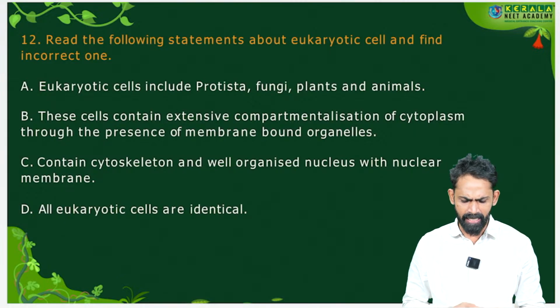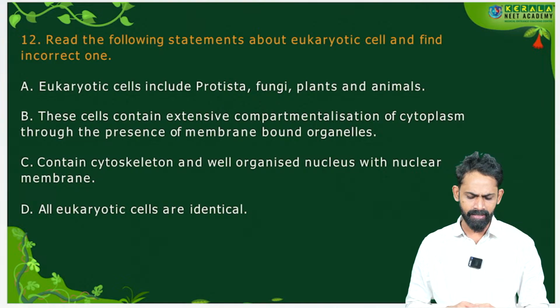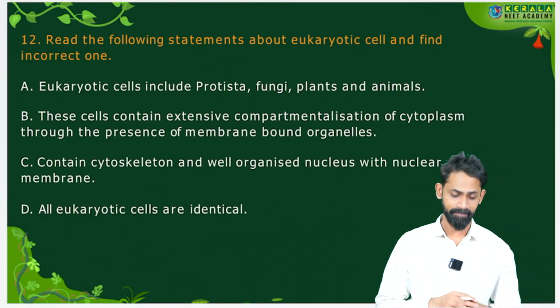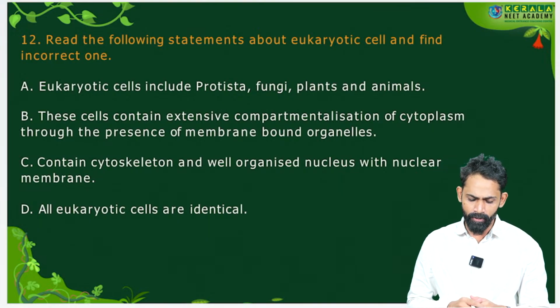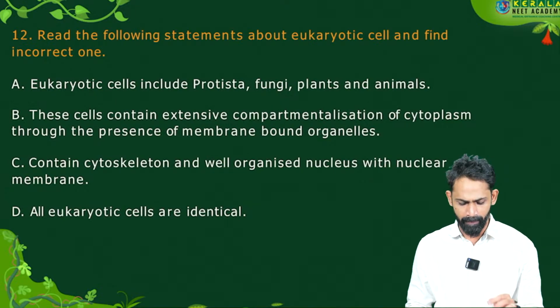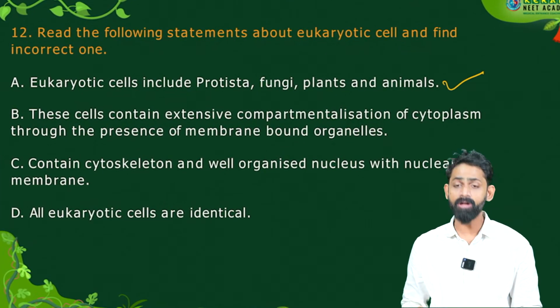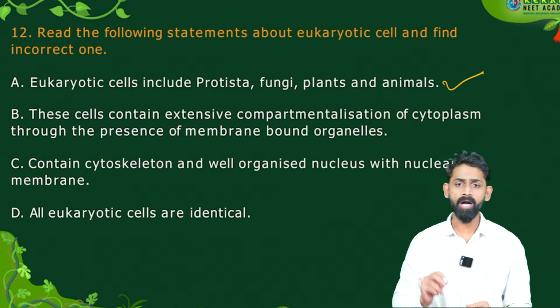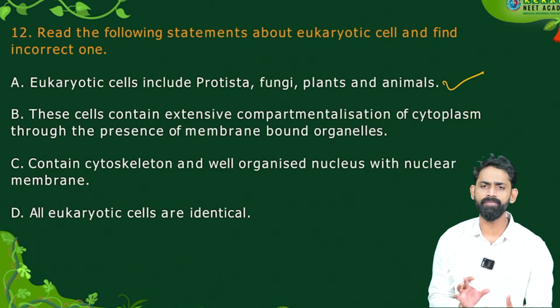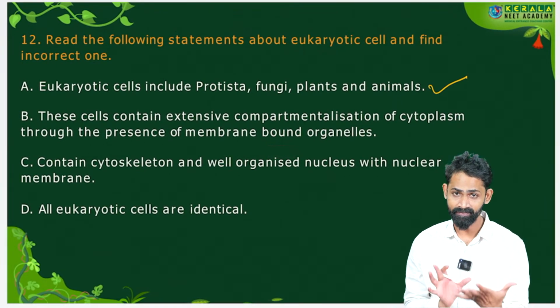The next one is related to this: read the following statements about the eukaryotic cell and find the incorrect one. Okay. Eukaryotic cells include protista, fungi, plants and animals. I hope everybody is clear. Check whether your brain is correct or not about the statements. What you are seeing, what you are spending half an hour or 1 hour in front of the video, that should be satisfied.